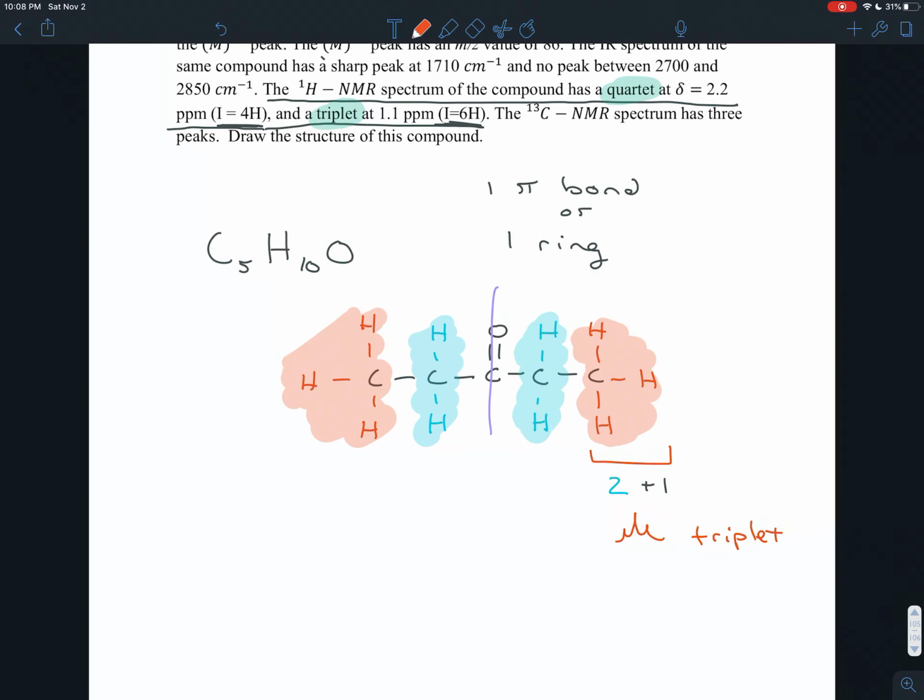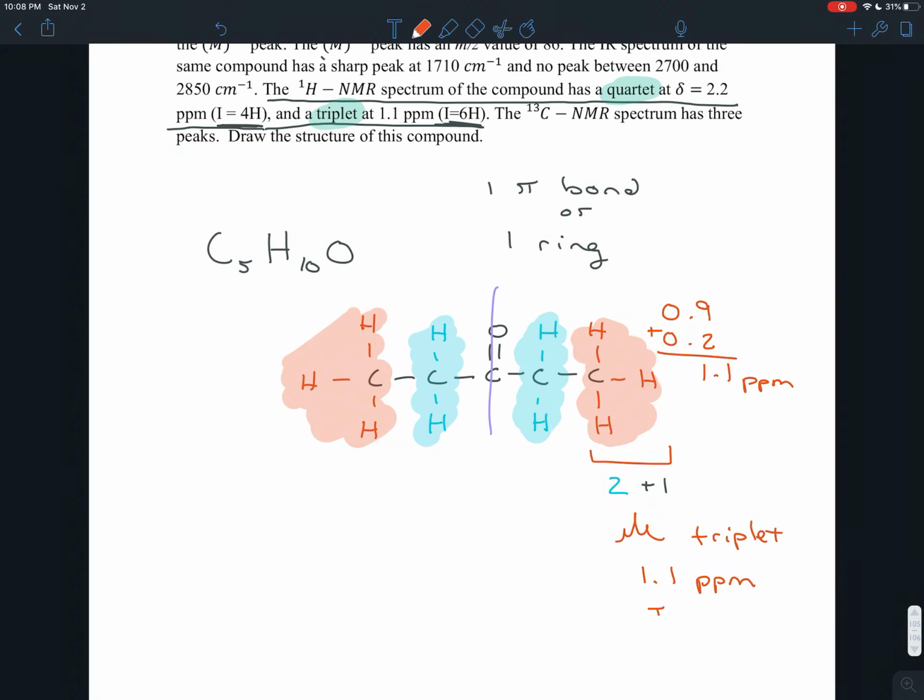If you think about the shift, a CH3 usually appears at 0.9, but it's beta to a carbonyl, so it should appear at 1.1. You add 0.2 when you're beta to a carbonyl, so that's 1.1 parts per million that we would expect for the shift.